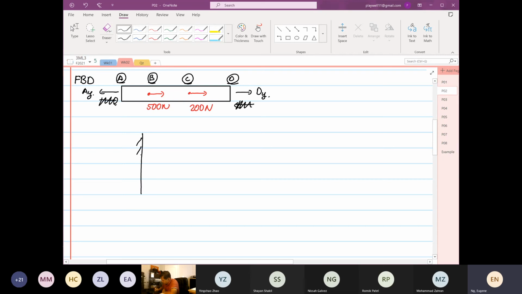So this is house number 1, this is house number 2. If you were to ask me what view I am looking at, this is the door for house number 1, and this is the door for house number 2. It can be a garage door or an entrance door.